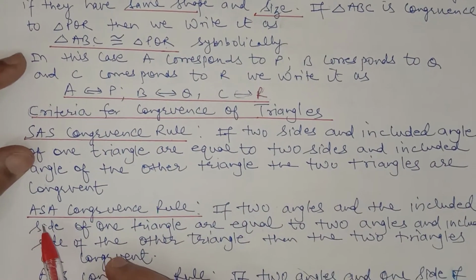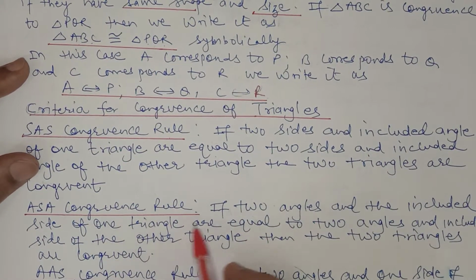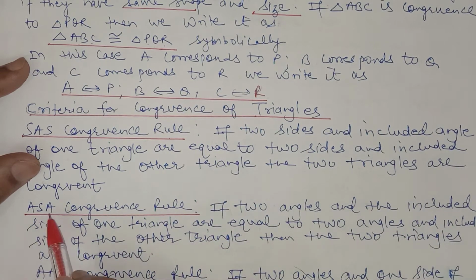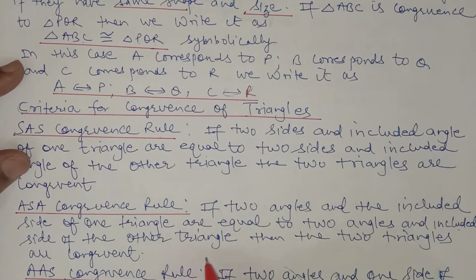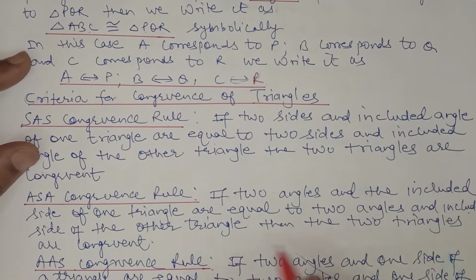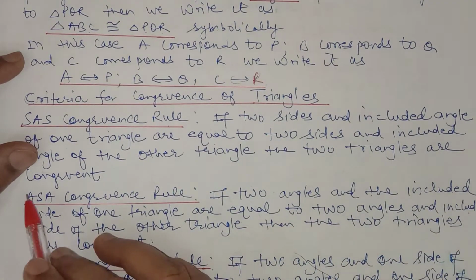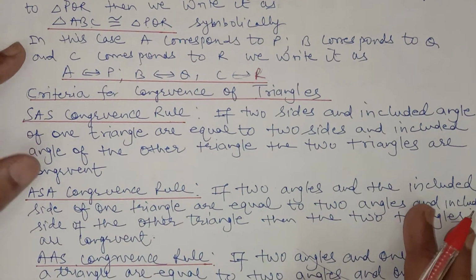Then we have the ASA Congruence Rule. In this, if two angles and the included side of one triangle are equal to the two angles and the included side of the other triangle, then the two triangles are said to be congruent by ASA Congruence Rule.